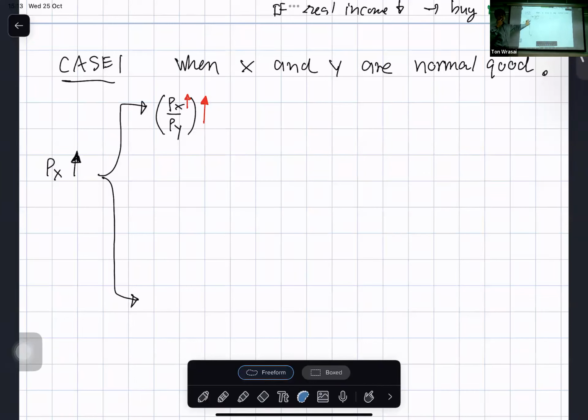Increase in price of good X changes this ratio. This price ratio becomes more expensive, it gets higher. The opportunity cost of pizza increases.